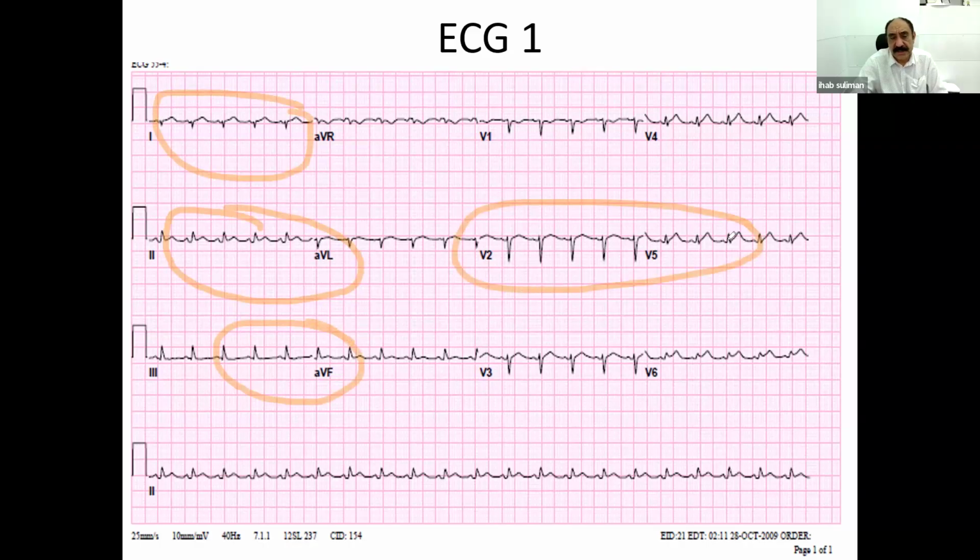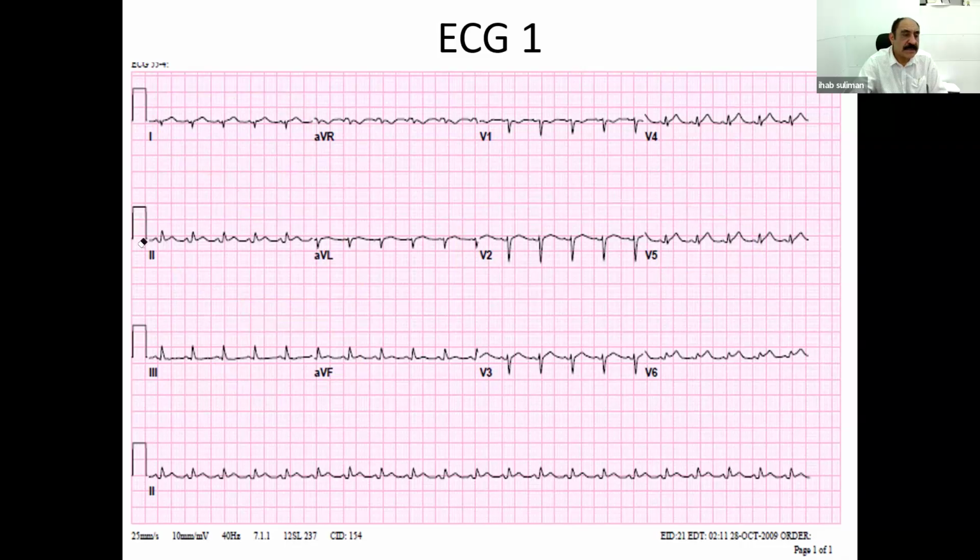And secondly, there is diffuse ST elevation, V4, V5, and V6. Here, V6 particularly, there is an ST elevation and also lead 1.